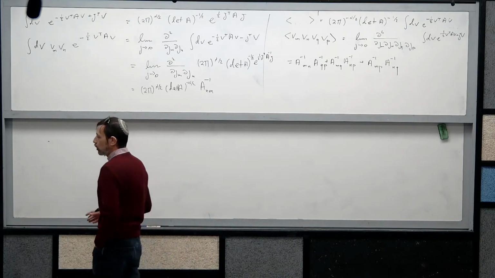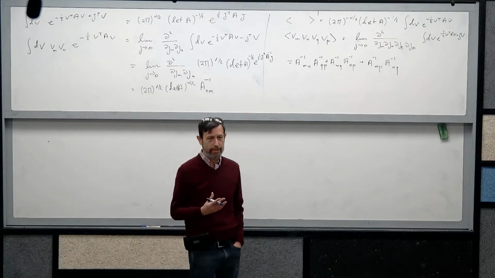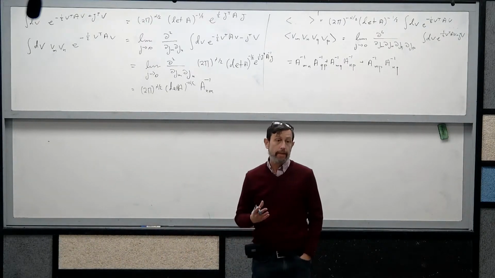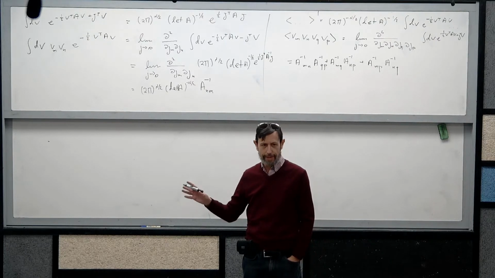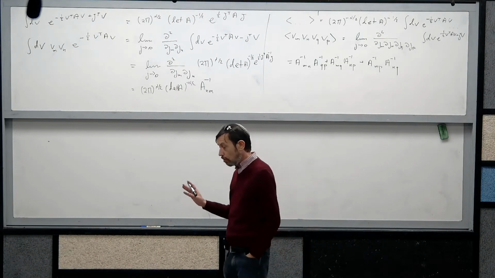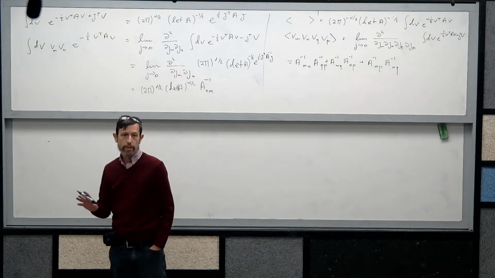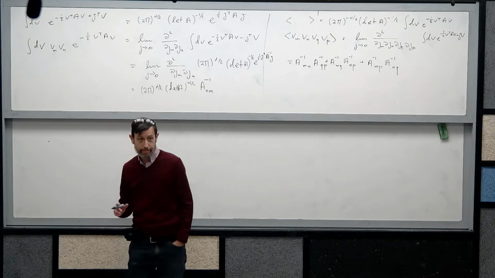But in general, every time that I have a vector and a matrix, I can replace them, with due caution sometimes, with a function and a function of 2 variables. Why?